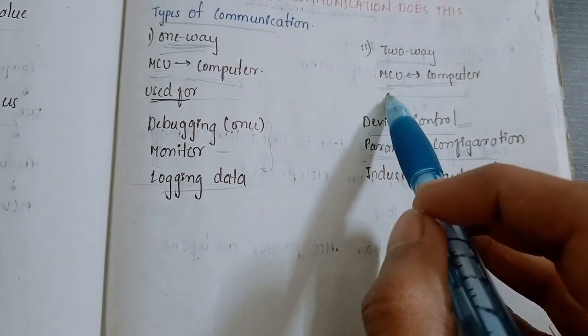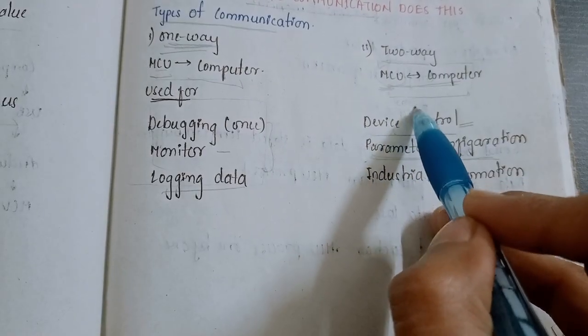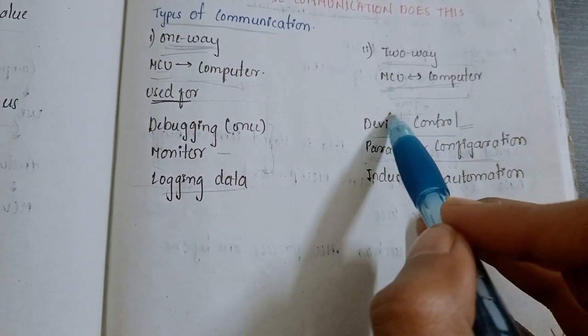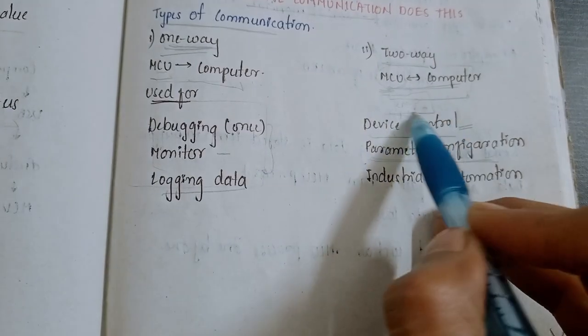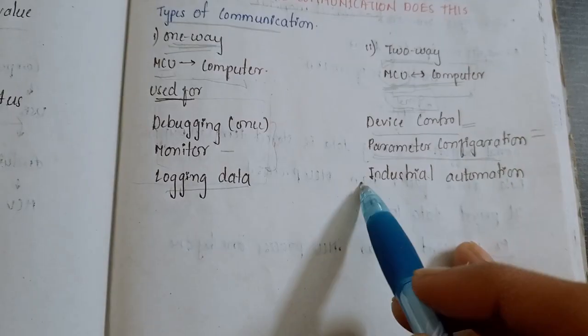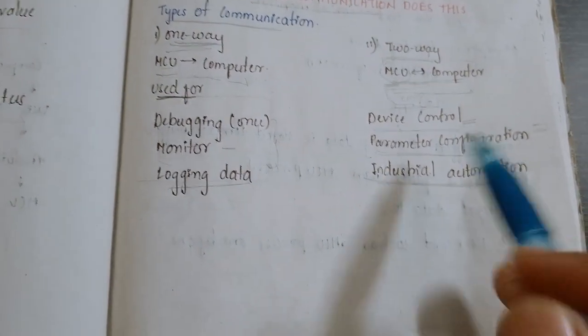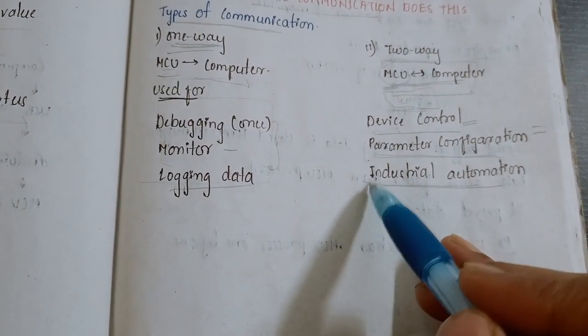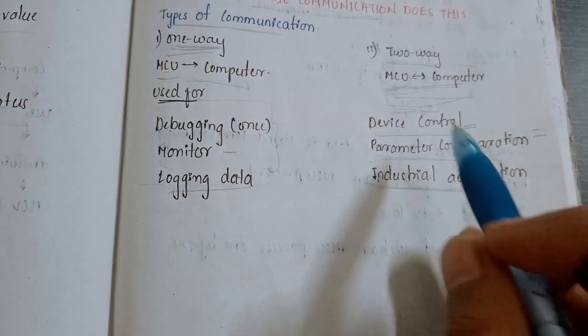So we were detecting the temperature in this case, and configuring the parameters of temperature and industrial automation. This case was a practical example of automation.